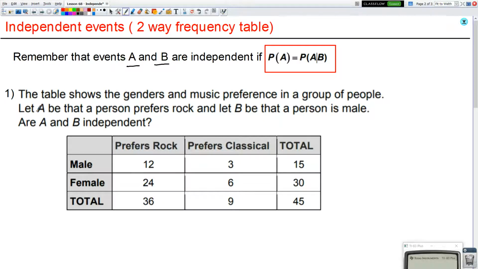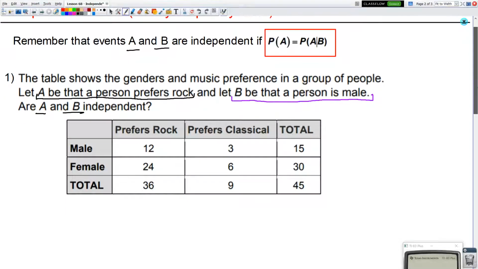Okay. So we know that A represents those who prefer rock, and we know that B are those who are males. So now the question is, are A and B independent? If you prefer rock, is that independent from you being male? Well, let's figure out if that is true.